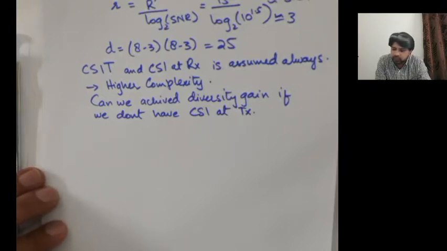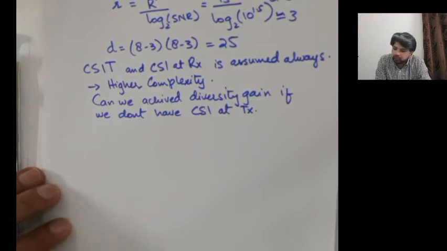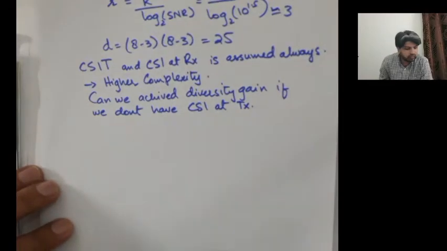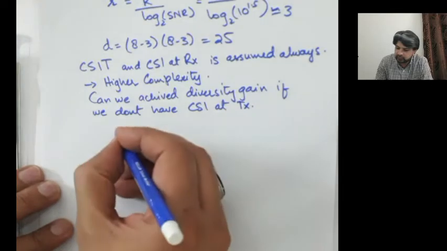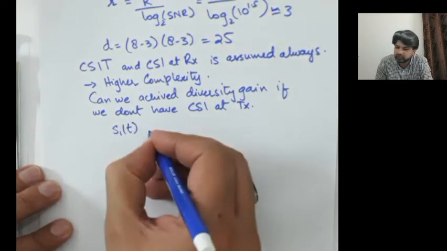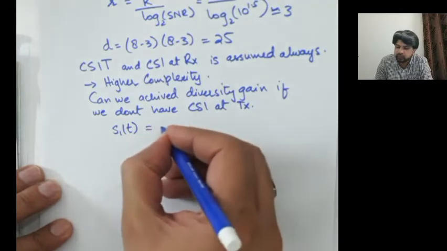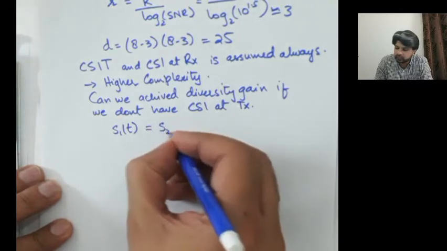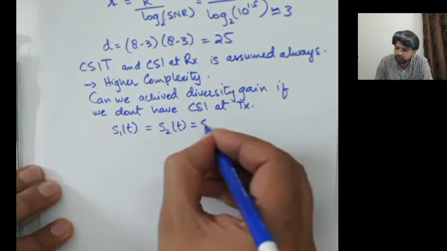So suppose you have two transmitting antennas and you don't have the channel side information at the transmitting end. And we are talking about diversity gain here and not the multiplexing gain for the moment. So let's suppose that you have this signal S1 of t that is transmitted from the first antenna. And if you want to achieve some diversity gain, then that would be equal to S2 of t. Let's call this S of t.